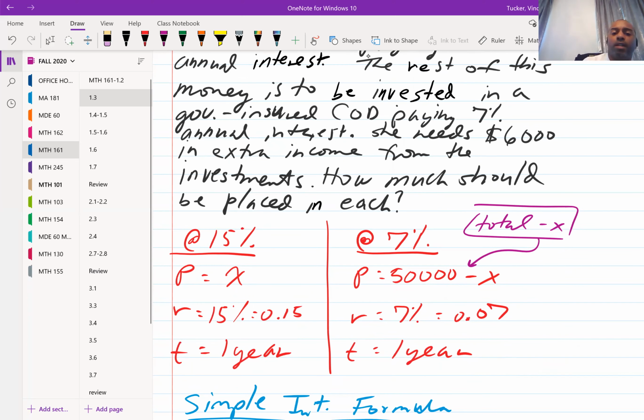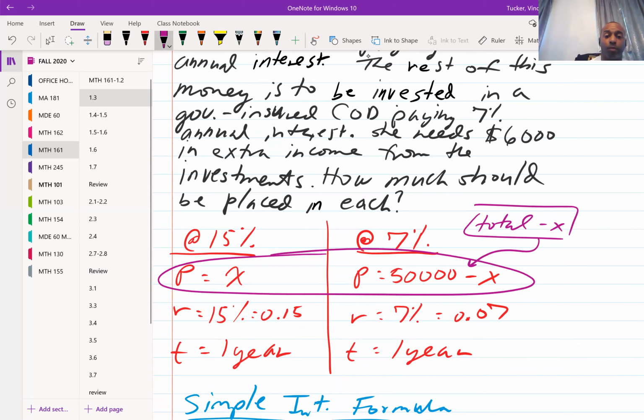So now the key here is this piece, the principal, how much we're going to deposit. All you would do is call one of them X, just like we talked about before. You call one of your unknowns X. Then you write the other one in terms of X. Well, in this case, we have the total, which is 50,000, and we're going to subtract X from that.